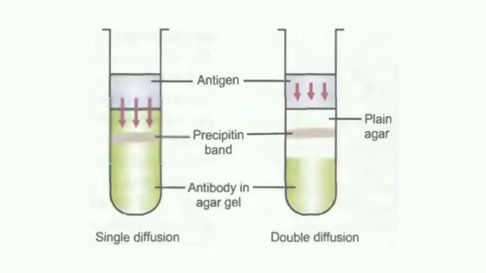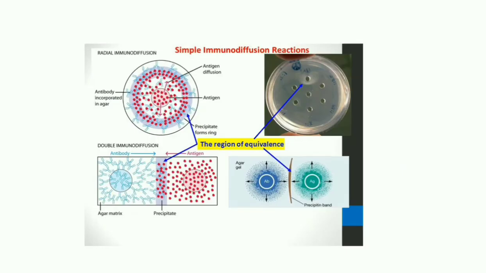This is the picture which we have already shown. First one is single diffusion in one dimension, double diffusion in one dimension, single diffusion in two dimensions. This is double diffusion in two dimensions. The first picture you can see, the bands fuse each other.